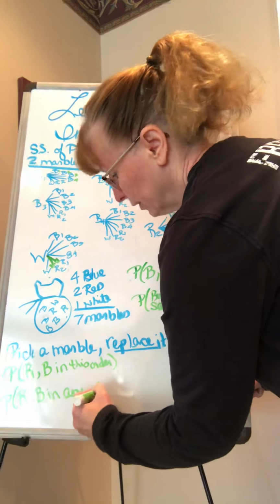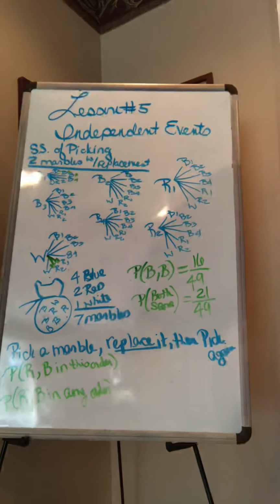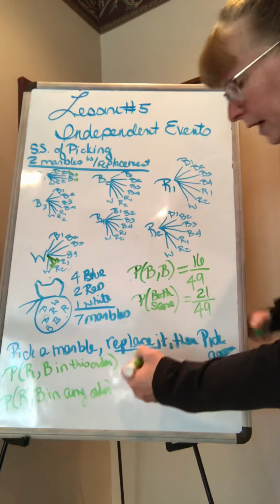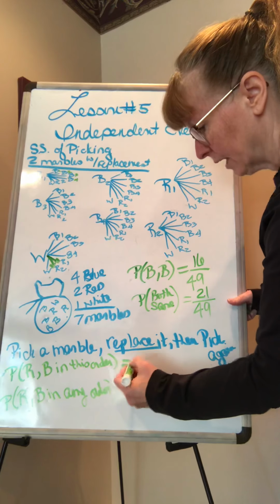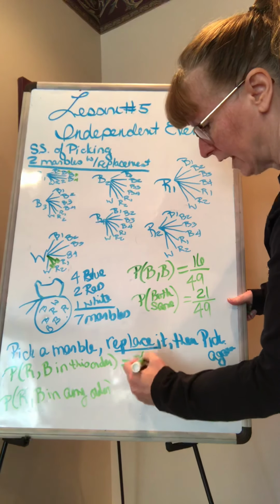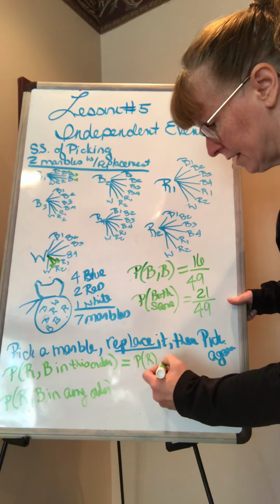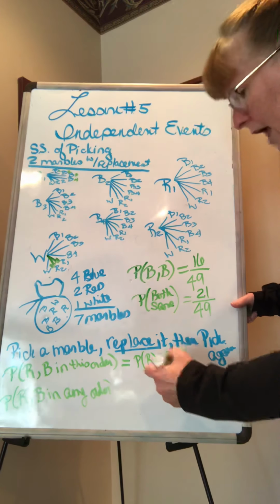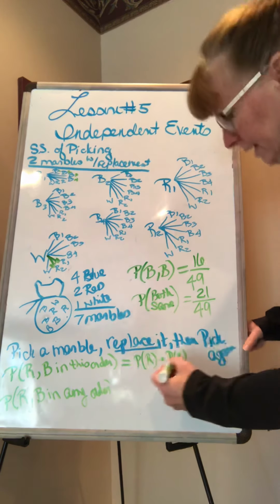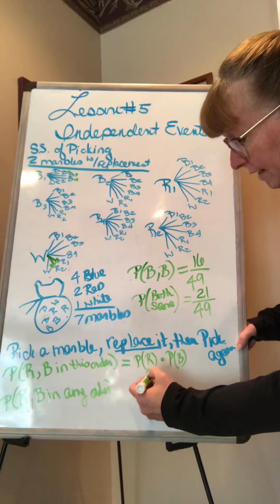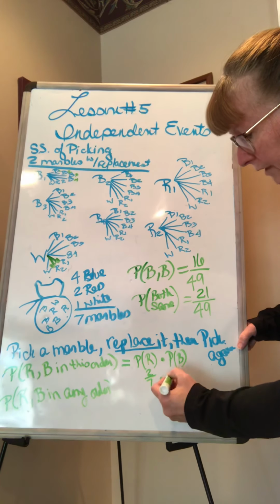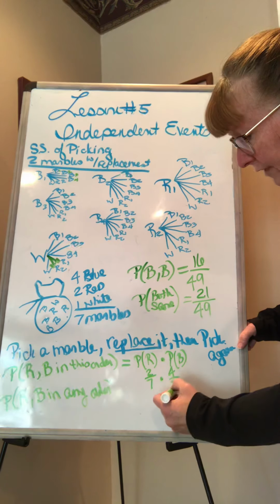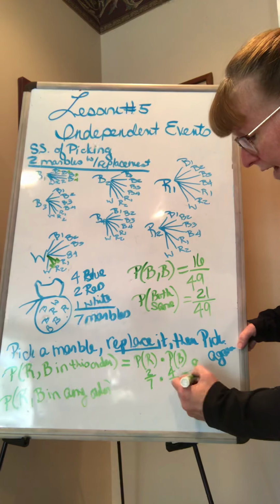These are two different problems, because red followed by a blue means the probability of red and the probability of blue. And the probability of red is 2 out of 7, and the probability of blue is 4 out of 7, and that gives me 8 out of 49.